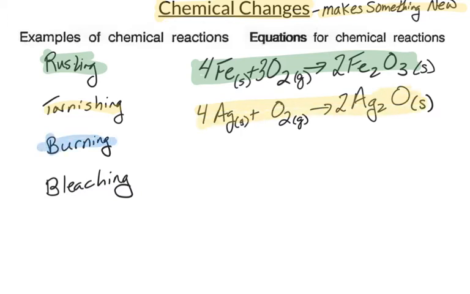What about burning? What kind of equation would you write for that? Well, this can vary depending upon what you're starting with. I'm going to use a piece of paper for an example, and paper is made mostly out of cellulose, so I'm just going to use that as an example, for which I'm going to write a simplified formula as C6H12O6. We'll talk more about cellulose much later in Unit 5, but just give a basic form of it.